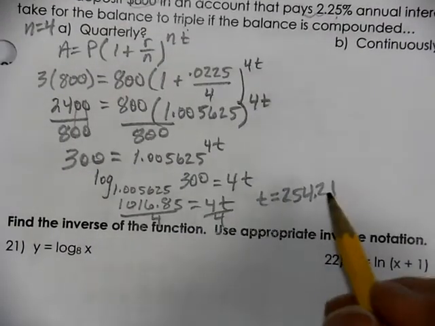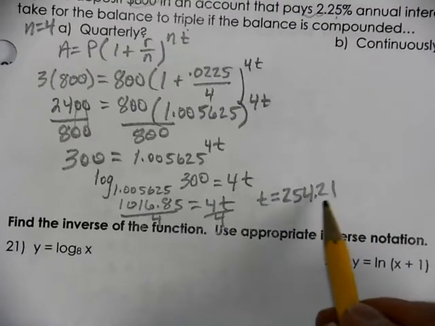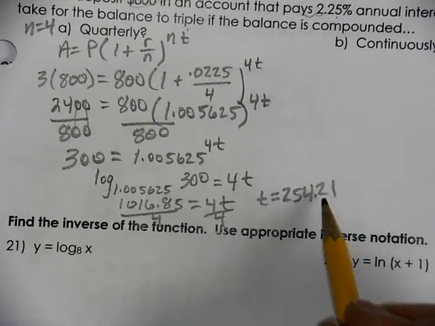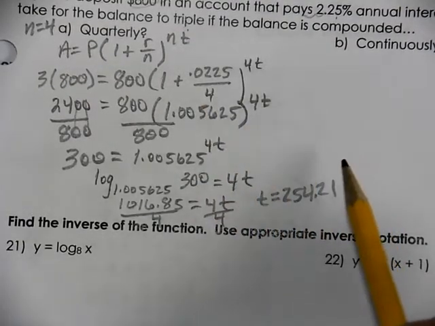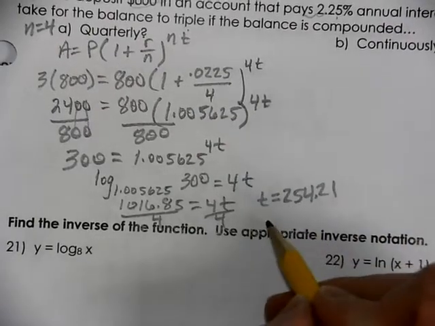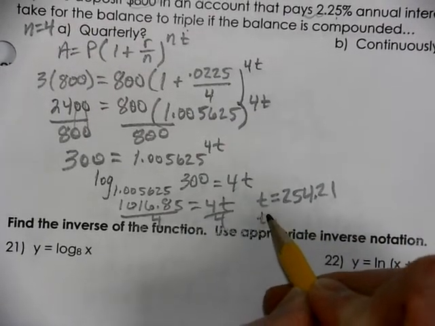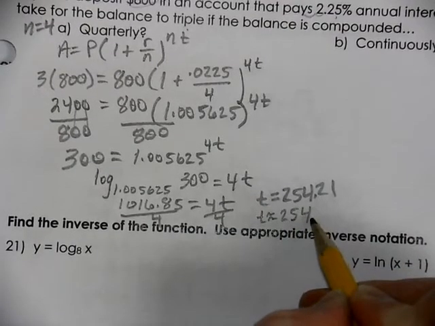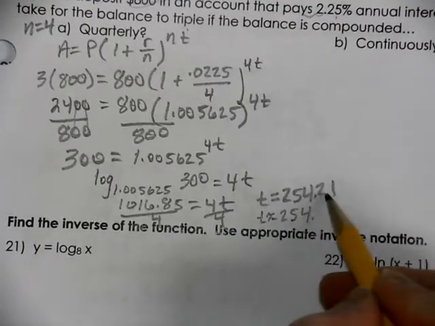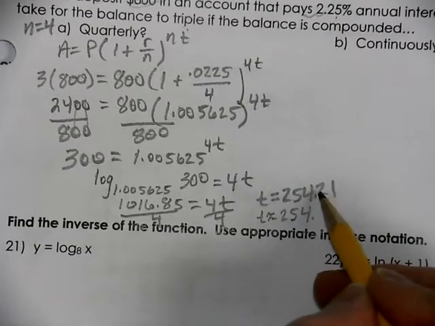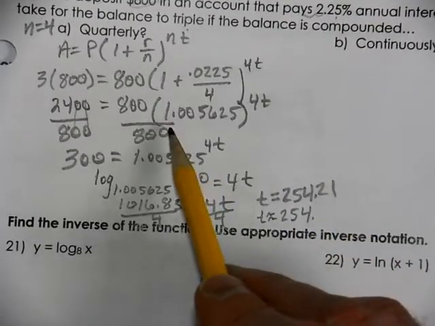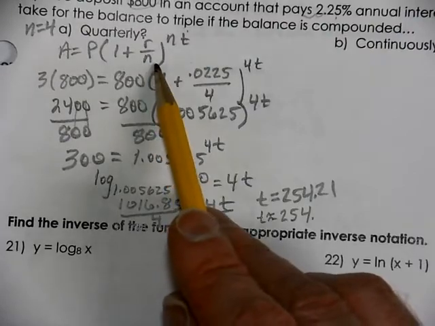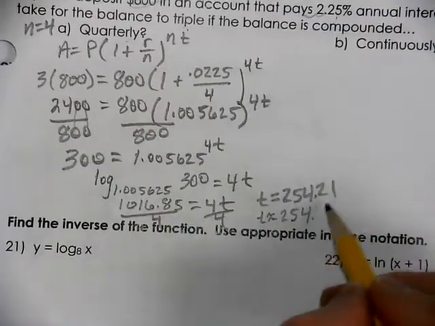And some would say that we would need to round this to the nearest quarter. I'm not too concerned about that, but some are going to say that this would be 254. We didn't make the whole quarter. We didn't get all the way up to 0.25 because we're breaking it into quarters, doing this quarterly.